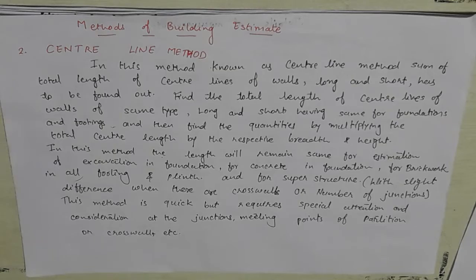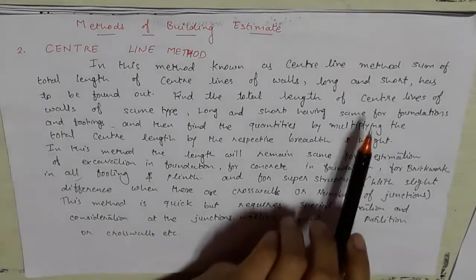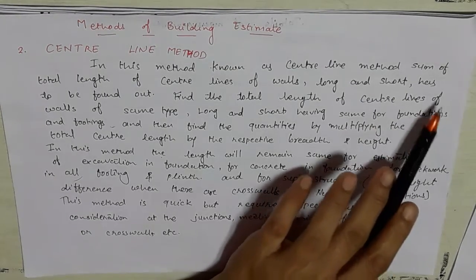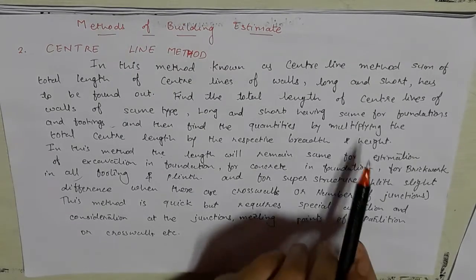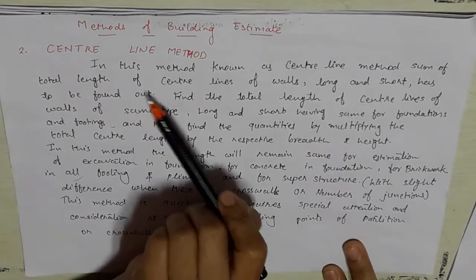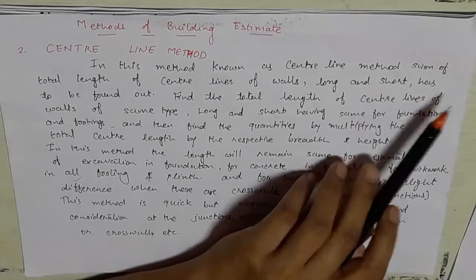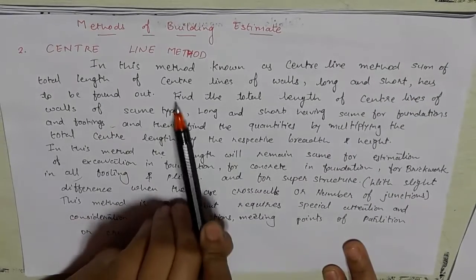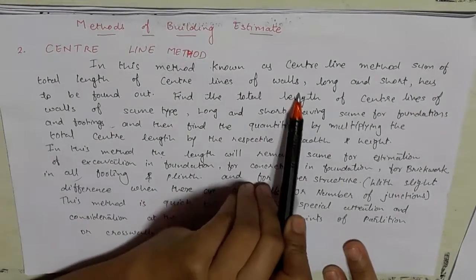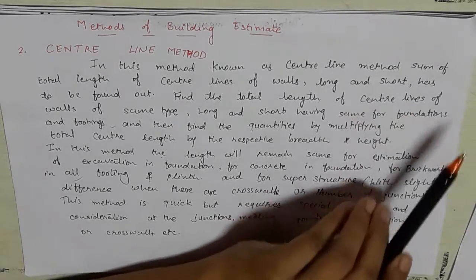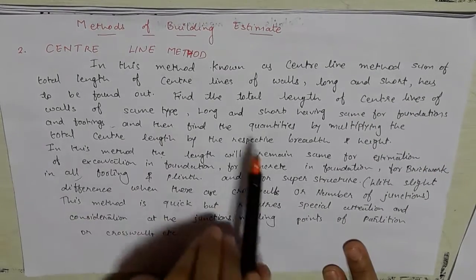Now in the centerline method, some points you have to take into consideration. In this method, the sum of the total length of the centerline of the wall, long and short, has to be found out.